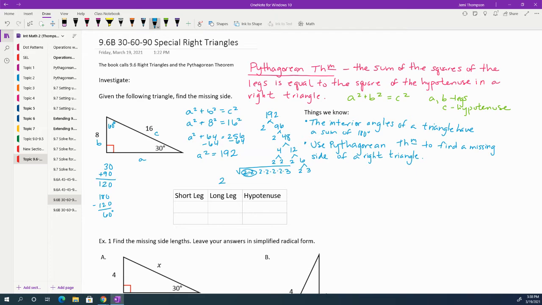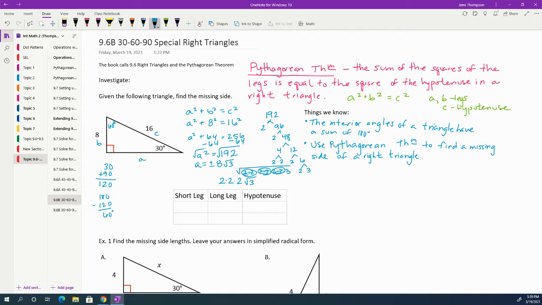Square root of 4 is 2. 2 times 2, I bring another one out. And 2 times 2, I bring another one out. I have a 3 left inside. 2 times 2 times 2 is 8, not 6, like I mistakenly said in the last video. And it's square root of 3.